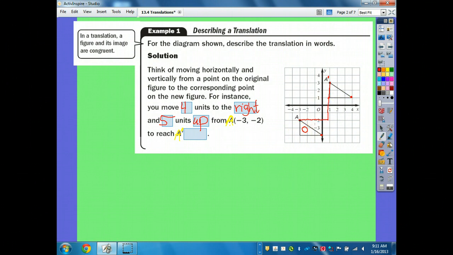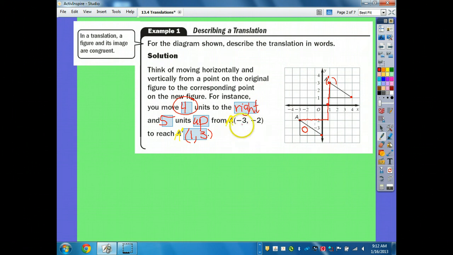That's your new image. So if we look at point A now, what are our new coordinates for point A? Always left and right first, stop here, and then up here. What are we now at? 1 and 3. So notice if we go 4 to the right, is right positive or negative on our coordinate plane? Positive.